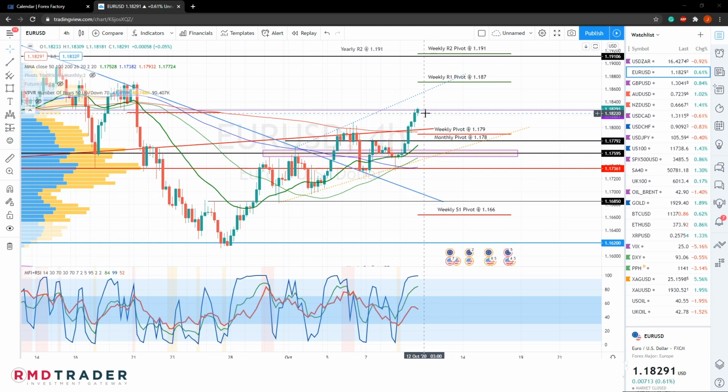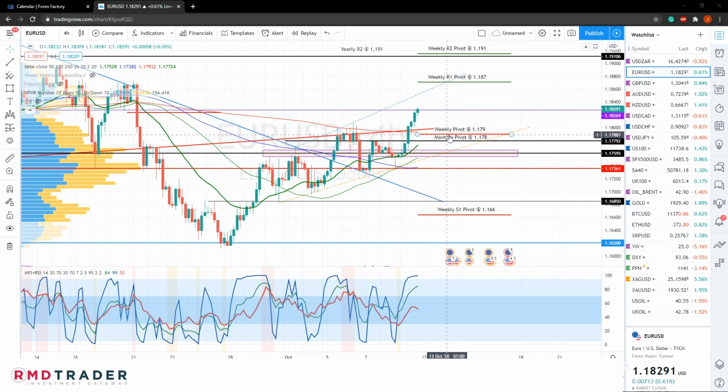And at this stage, we are looking at a potential sustained move higher towards the weekly R1 pivot at 1.187. That is also where we will face additional resistance from this new diagonal bullish channel that's been forming. Also, we are expecting retests of either one of these levels.